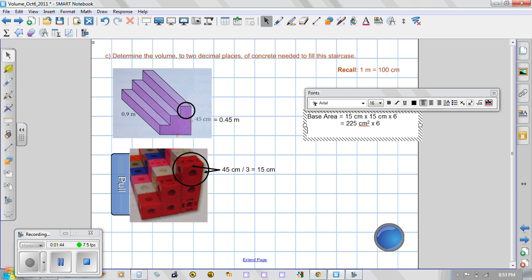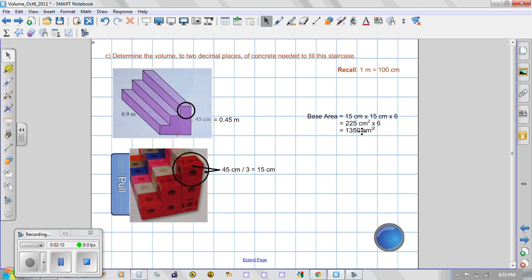And then if we multiply that value by 6, we know that 6 200s are 1200, and 6 25s is going to give us another 150. So we have 1350 centimeters squared.